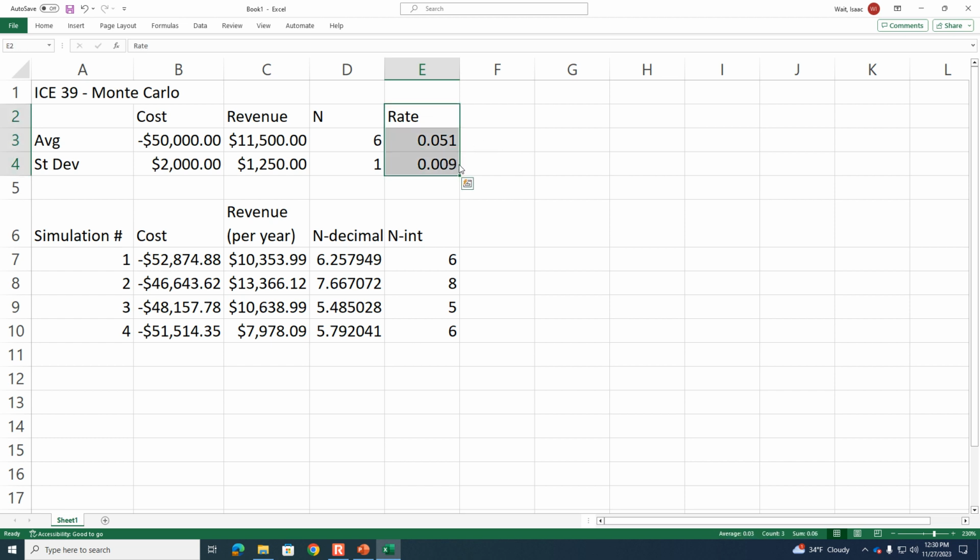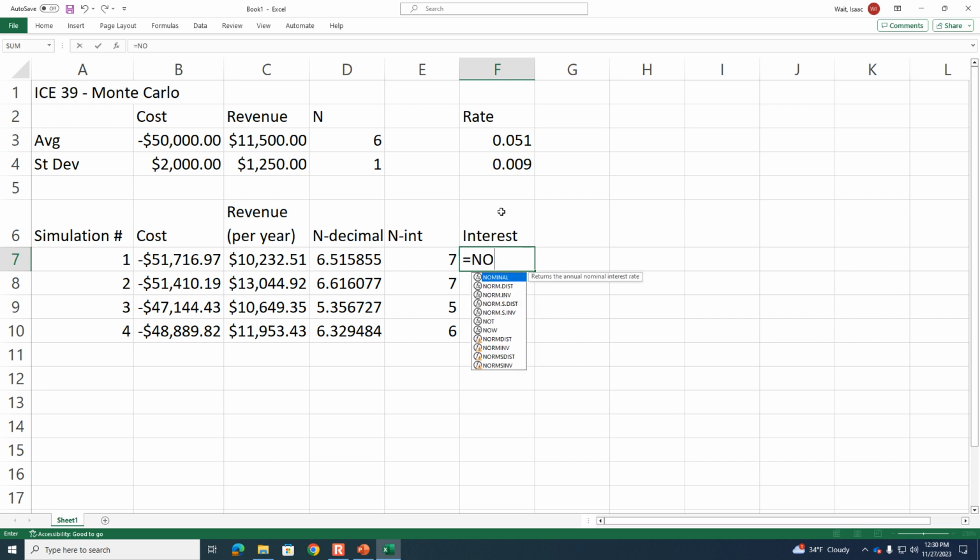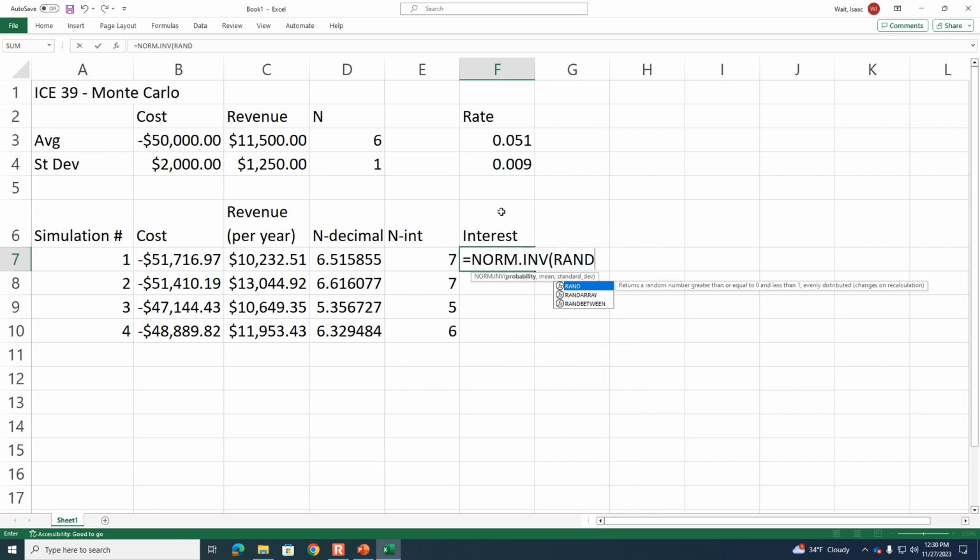Let me actually move it over, because here I'm going to have the interest rate. And so we're going to do, again, the NORM.INV with the probability being random, and then the mean being this given mean value, the standard deviation being that.